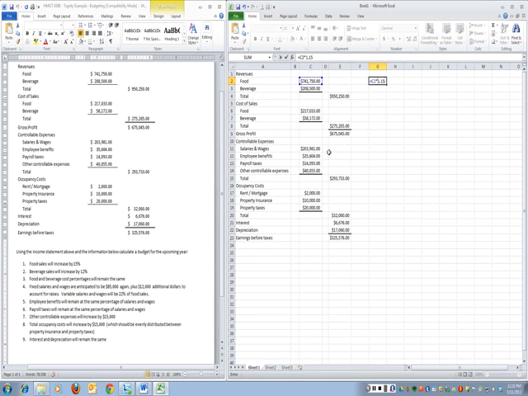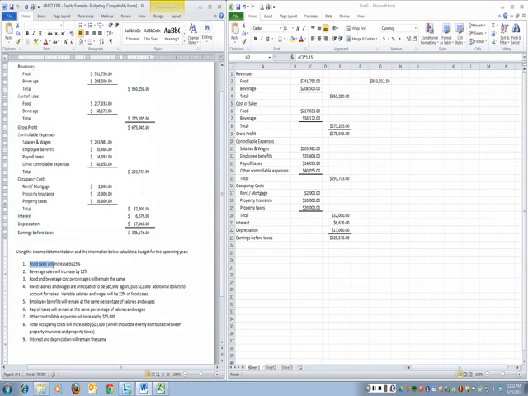Since we are increasing it, that's where the 0.15 comes into play, because we're going to take the item itself and increase it by 15%. That gives us a number of $853,012.50.